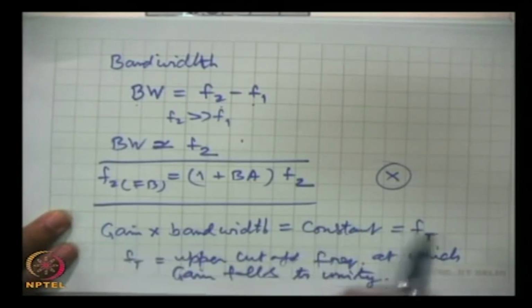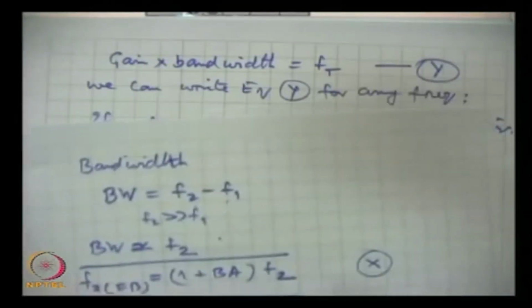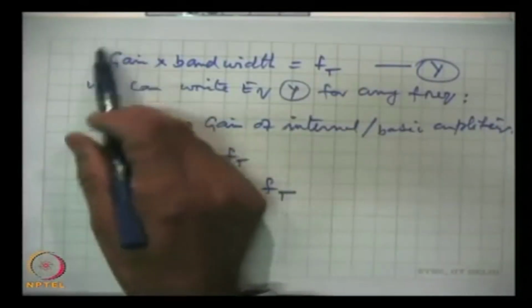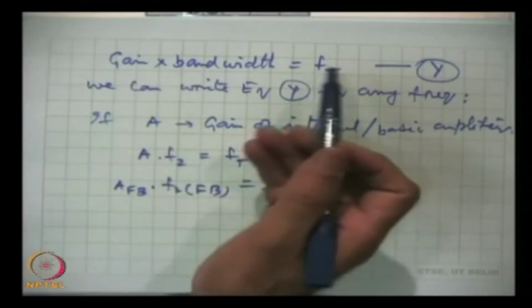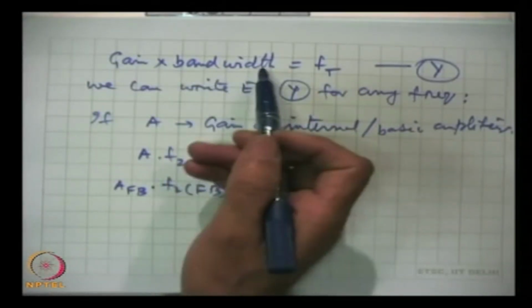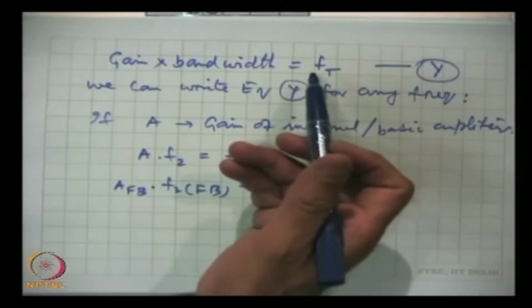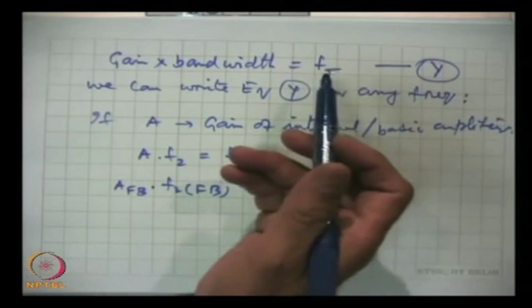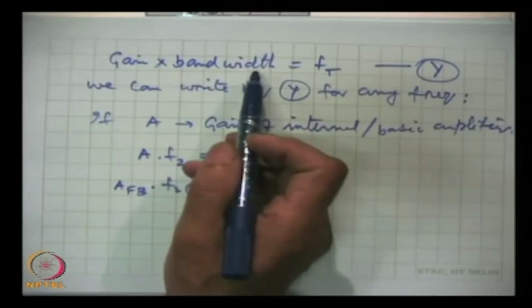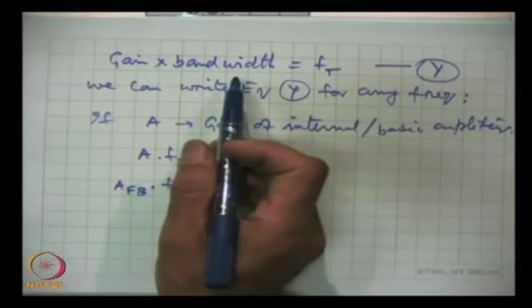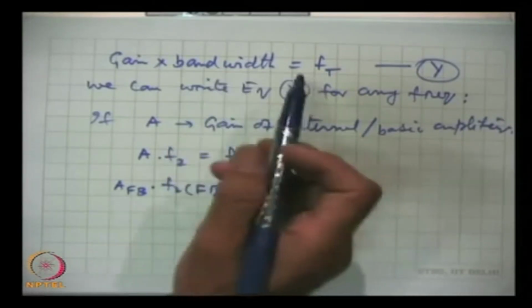From this equation, gain into bandwidth is equal to ft. If gain is unity, then ft is equal to bandwidth. So, we can define ft as the upper cutoff frequency, which is bandwidth, at which gain falls to unity.